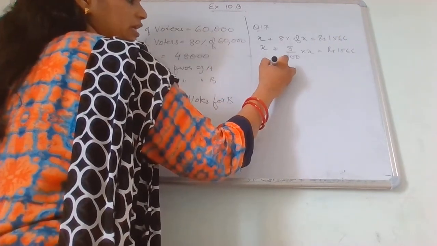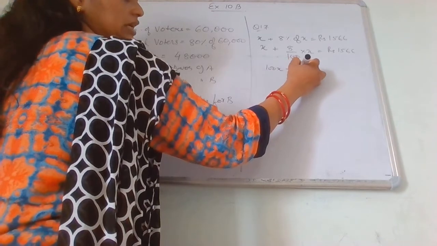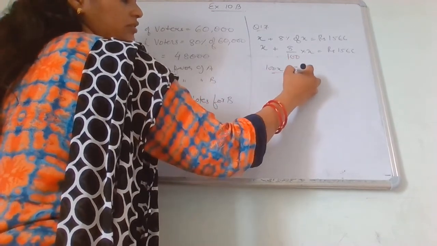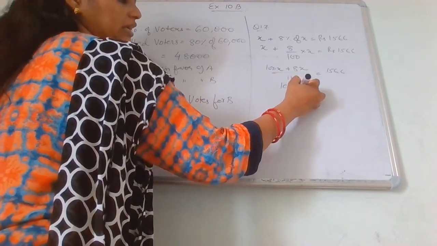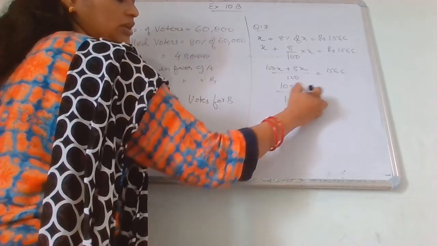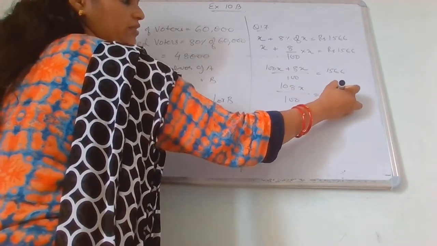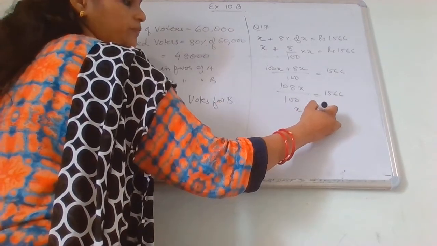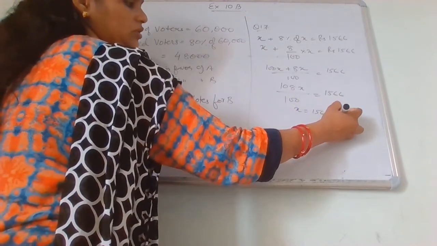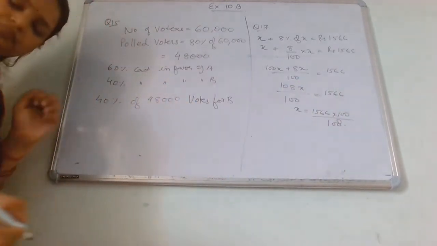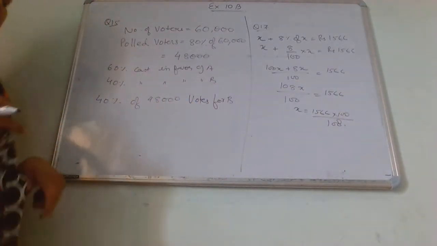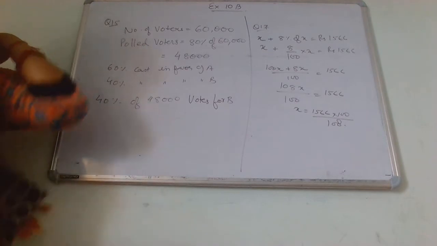So this can be written as 100x plus 8x divided by 100 is equal to 1566. 108x divided by 100 is equal to 1566. X is equal to 1566 into 100 divided by 108. Right? So this is how we solve our question.